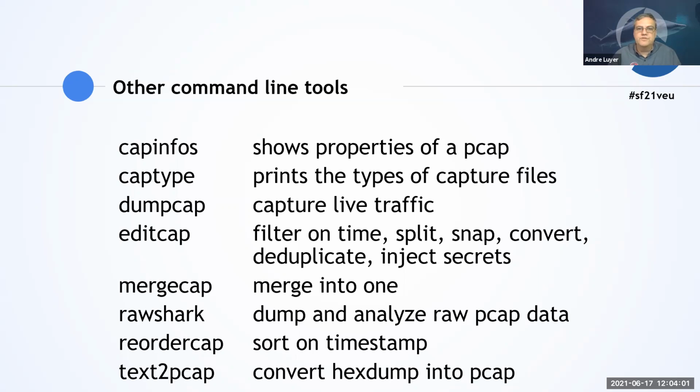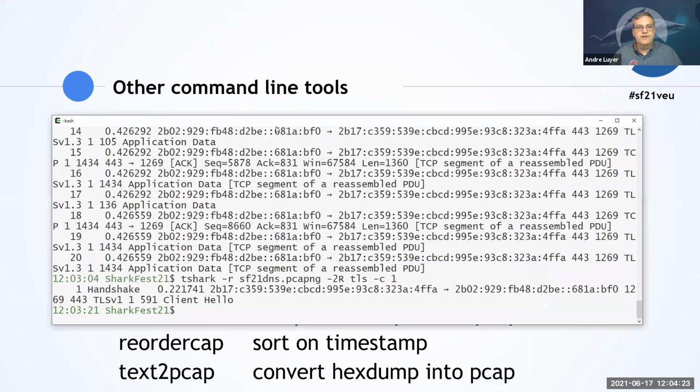And since version 3.0, you can also use it to insert your SSL key log file information. That one is quite handy, by the way, because then you can just share one file containing the secrets, so you can read the contents straight away.